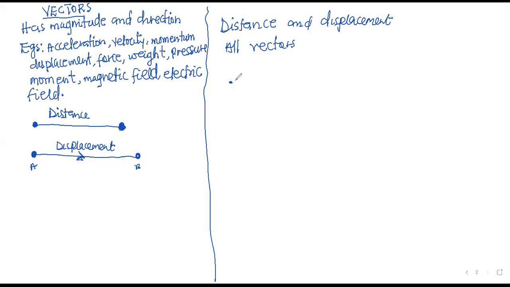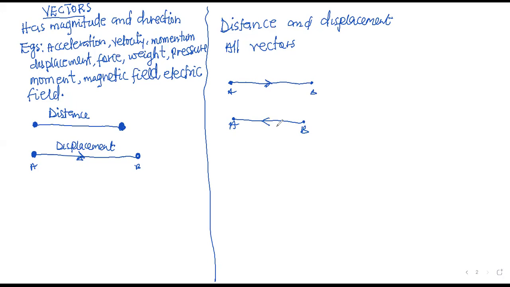The interval between the two points is the magnitude, and an arrow drawn at the middle or at the end indicates the direction, meaning the movement is from point A to point B. If the movement is from B to A, the arrow must be indicated in the opposite direction.